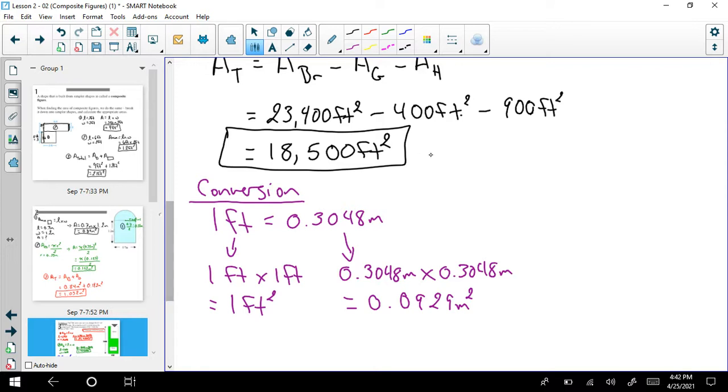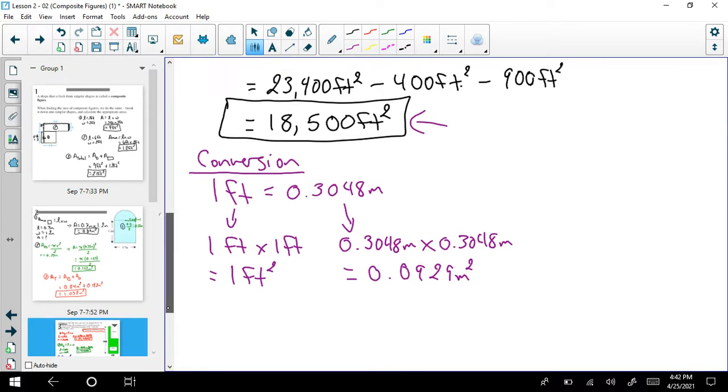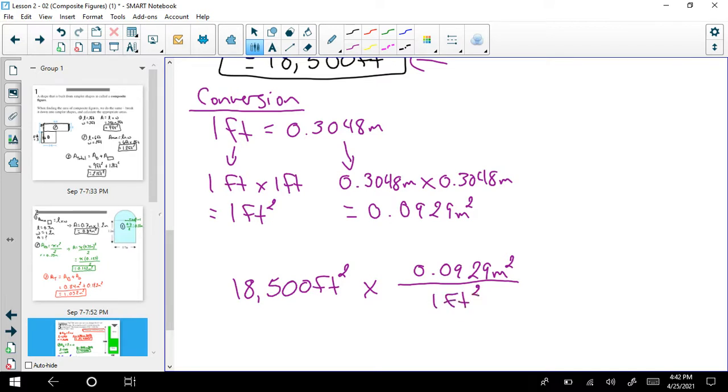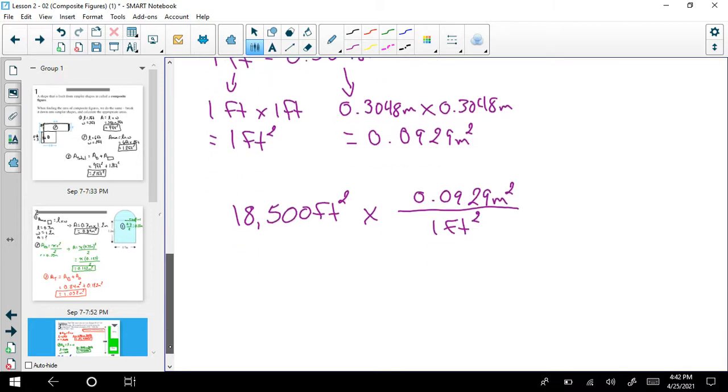So when we're converting this, we have to do our conversions that we learned in lesson 1. So to do that, we take our 18,500 feet squared and then we do this multiply sign, and we put whatever we want to change it to. We want to change it to meters squared, so I'm going to put 0.0929 meters squared on the top, and my 1 foot squared on the bottom. This is going to give me the conversion that I want.